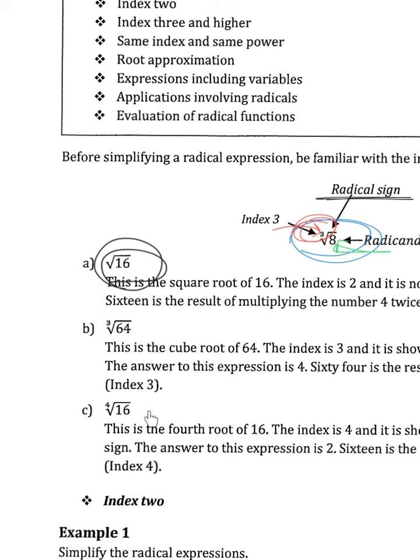This expression is asking me for the fourth root of 16, or what number, when I use it as a factor 4 times, will equal 16. And if you didn't know that, that's the number 2. 2 times 2 times 2 times 2 equals 16.